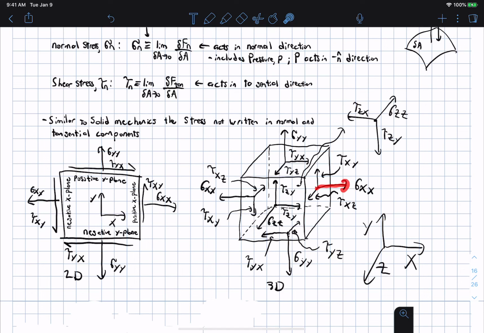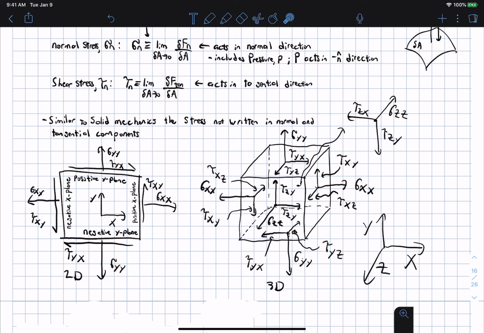You have sigma xx, the normal stress in the x direction, sigma yy, the normal stress in the y direction, sigma zz, the normal stress in the z direction, and then you have tau xy, a shear force on the x face in the y direction, tau xz, a shear force on the positive x face with a force acting in the z direction, and so on and so forth.